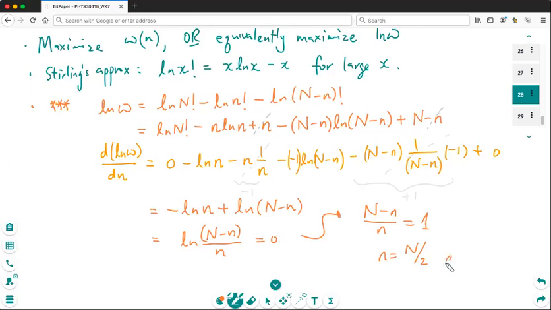So this is what we want. So the most probable state is as what we expected. The half of the flips will give you head, the other half will give you tail, as what we expected.